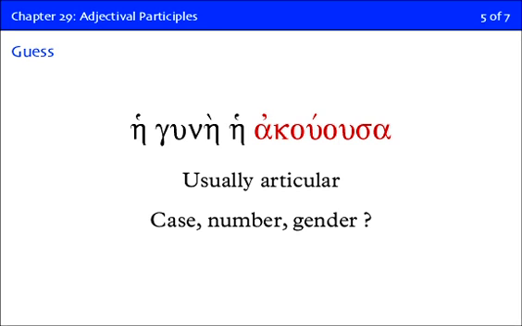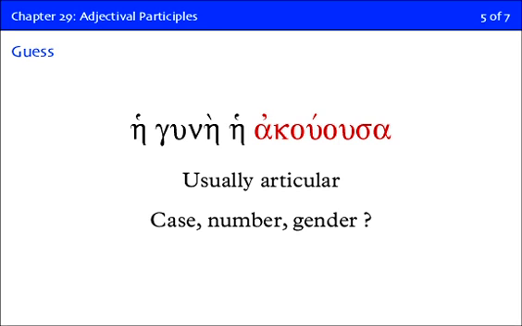So how do you think you're going to translate this? Well, you're going to have to look at it and see what this says in Greek, and then how do I say this in English? It's the woman, the hearing. How do you say that in English? The hearing woman, or the woman who hears.